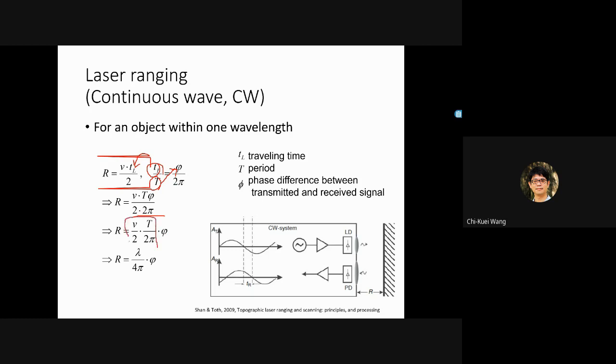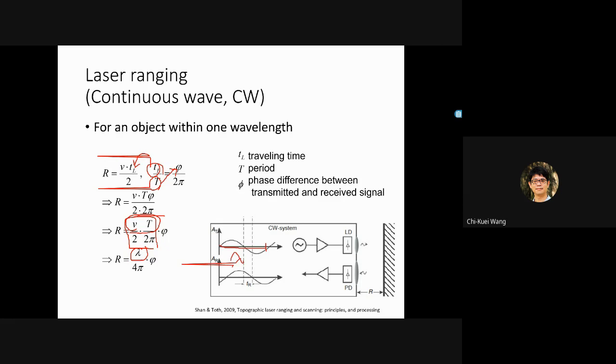There's one thing here: the speed of light times T, the period, becomes the wavelength of my wave.